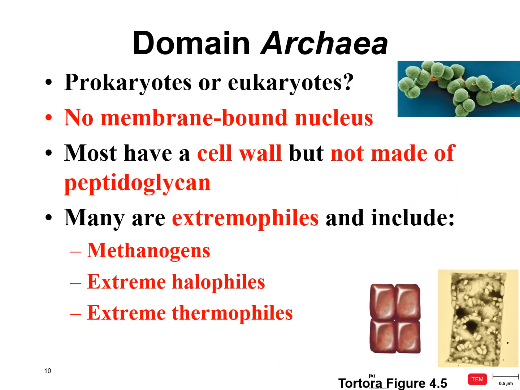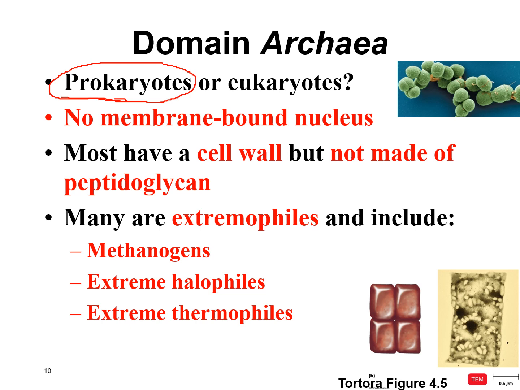Next we have domain Archaea, and are these prokaryotes or eukaryotes? Hopefully you remember that these are prokaryotes as well, like the bacteria. So again, no nucleus and no organelles. They look very similar to the bacteria.